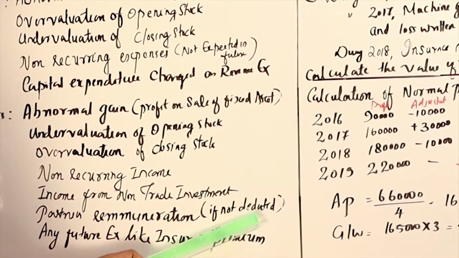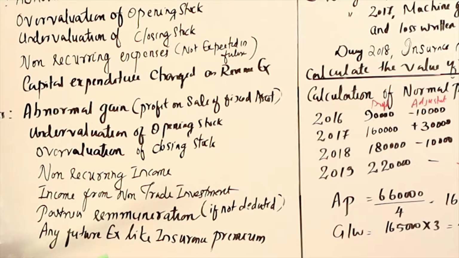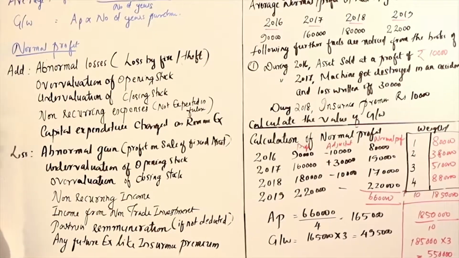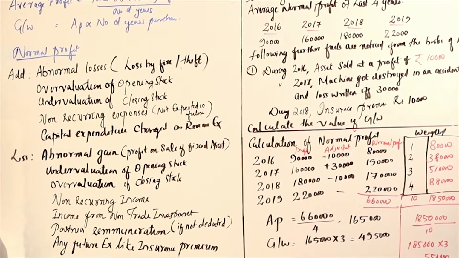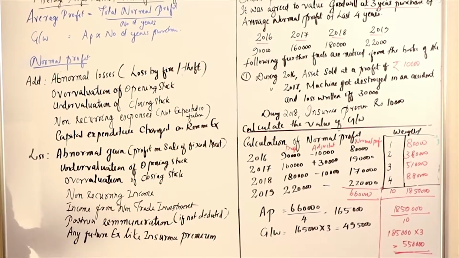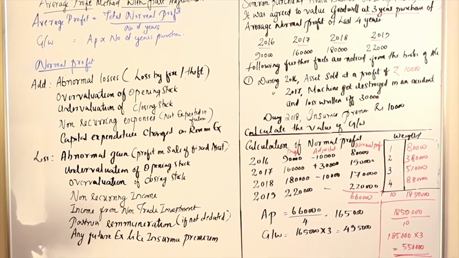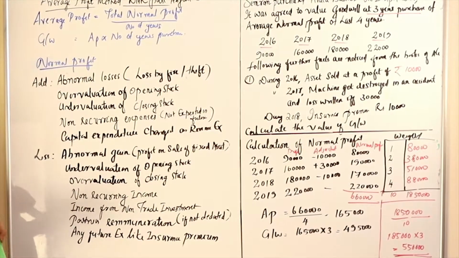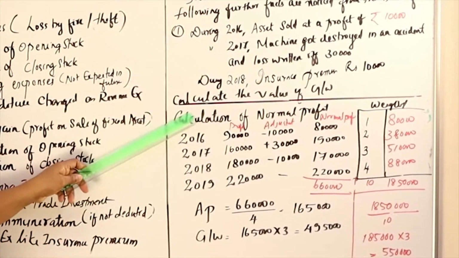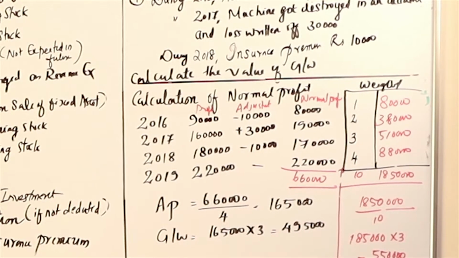If it is deducted, nothing to consider. If it is not deducted, we have to subtract it. Then any insurance premium also we have to subtract. So this is the average profit method with past adjustment. This average profit method is divided again into the simple average profit method and the weighted average profit method. So there are two methods.